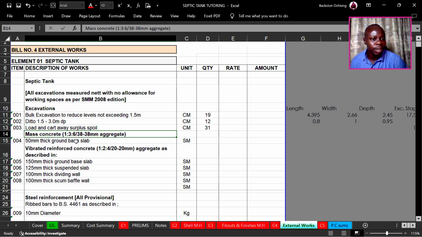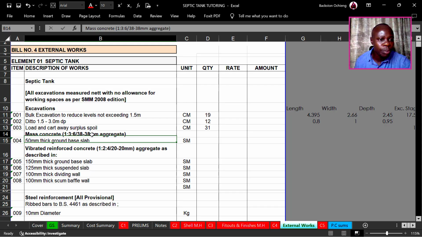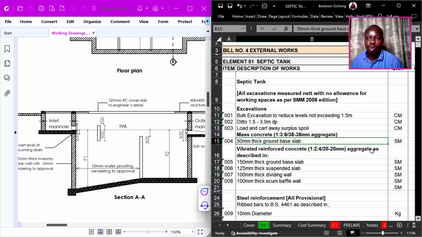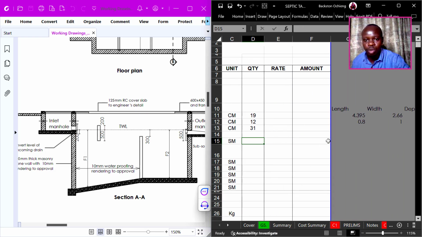Then 50 millimeter thick ground base slab. This is now for mass concrete blinding. For the blinding, we always do it in square meters. That is what you can see in the unit. So after the square meters, you now need to know what you have in terms of the length and the width.